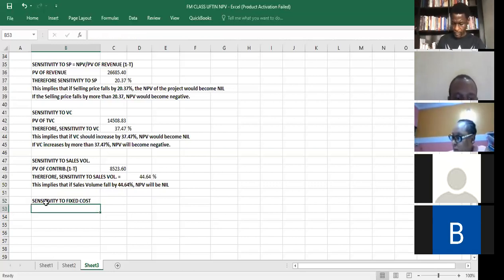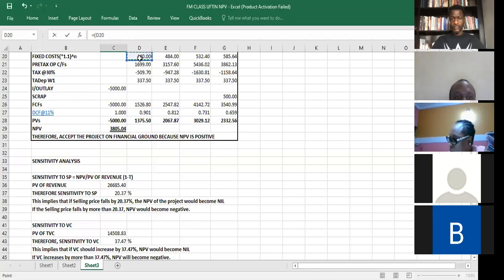So our present value of fixed cost will be equal to our fixed cost figures, multiplied by its discount factor, plus the next year multiplied by its discount factor, plus the next year multiplied by its discount factor, plus the final year multiplied by its discount factor.